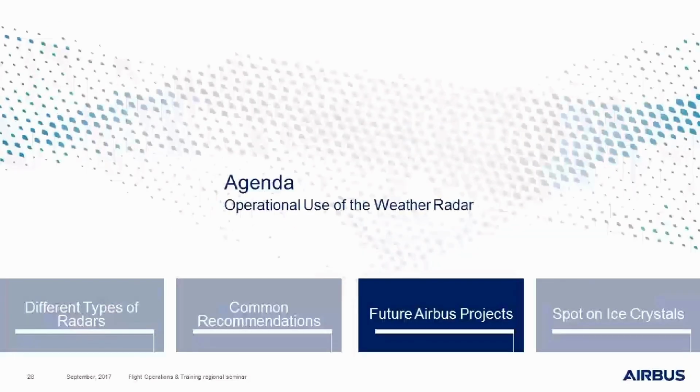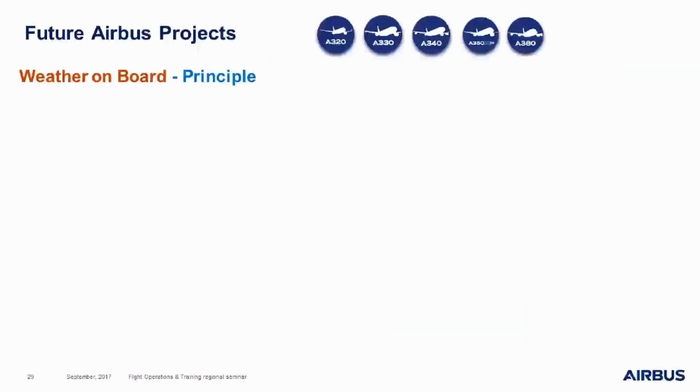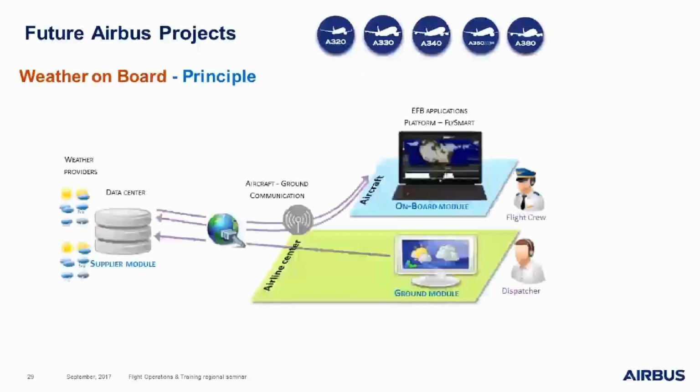Let's move now to an overview of Airbus projects regarding the weather. First, the weather on board. The weather on board project is to be able to display weather information and weather forecasts directly in the aircraft through the EFB.